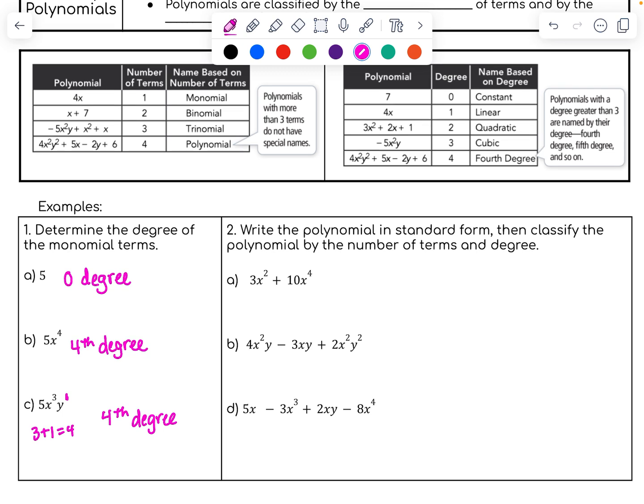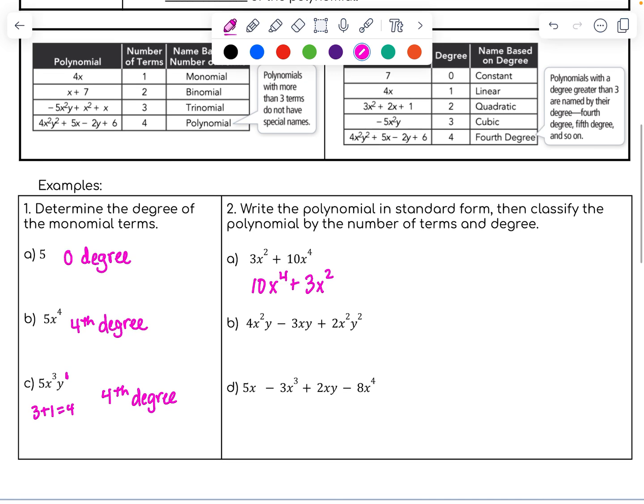If we look at the first example, 3x squared plus 10x to the fourth, what is our largest degree? Our largest degree is the 4 compared to the 2. So we have 10x to the fourth plus 3x squared. That is our standard form. Now if we look at B, we have to check our degree.